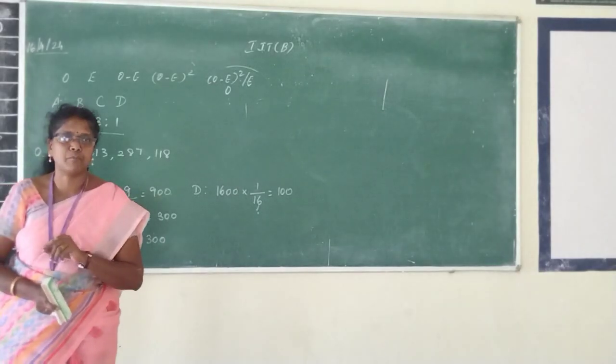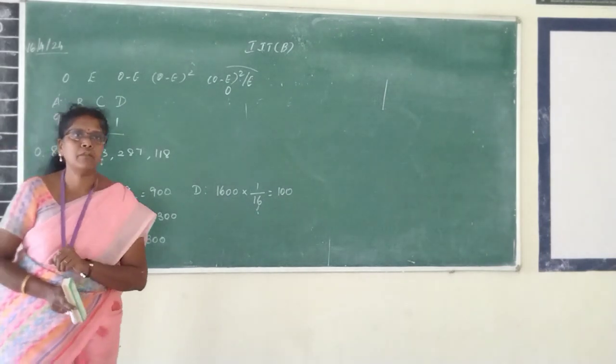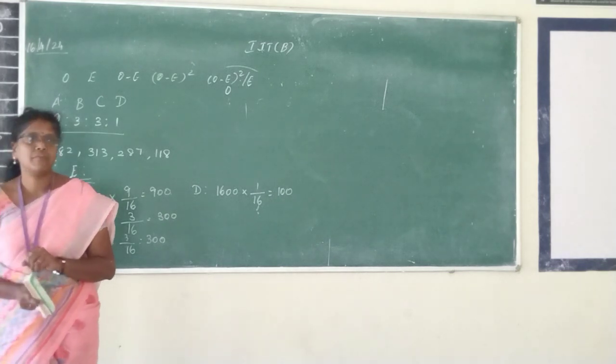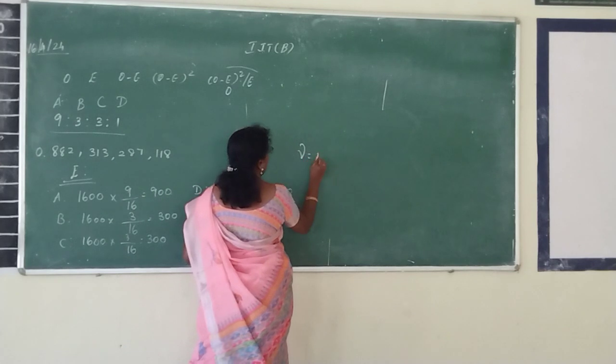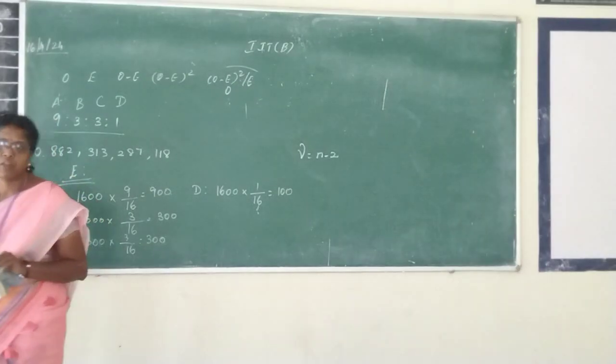I will tell you when we discuss the problem. For Poisson distribution, degrees of freedom is n minus 2. For all the general problems and the binomial, it will be n minus 1.